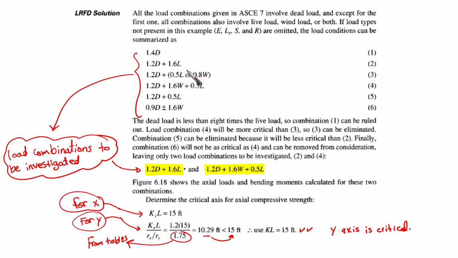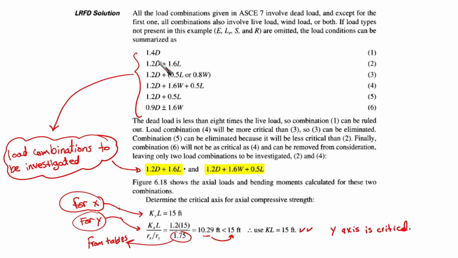Seemingly, if you investigate these 6 load combinations, you're going to find, after looking deeper, that these 6 load combinations boil down to 2 main load combinations that need to be investigated, meaning 1.2 dead plus 1.6 live.